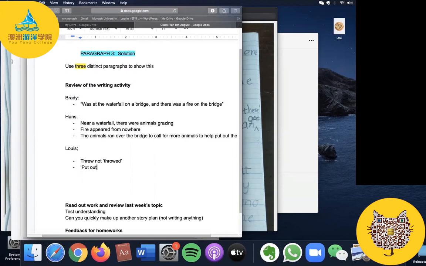And the firemen and the people went off the bridge.